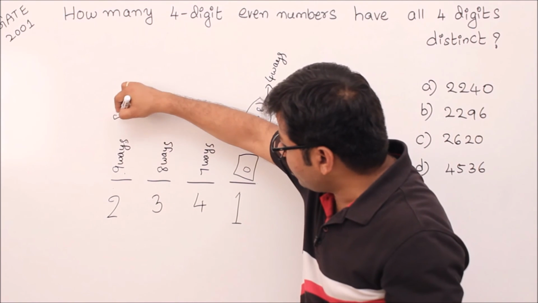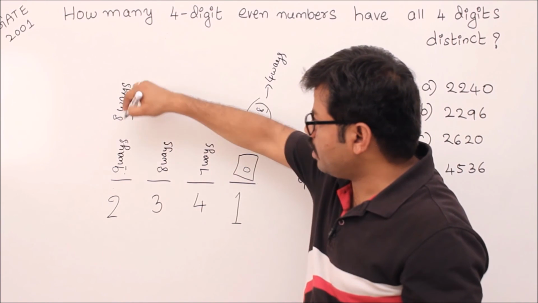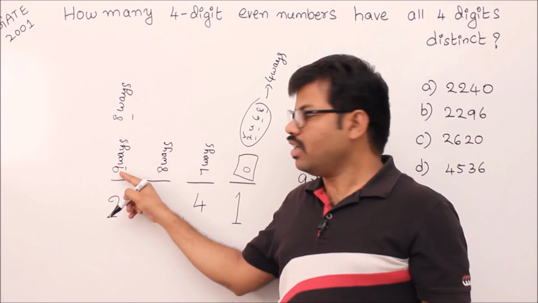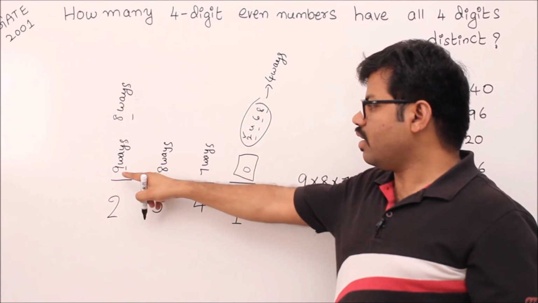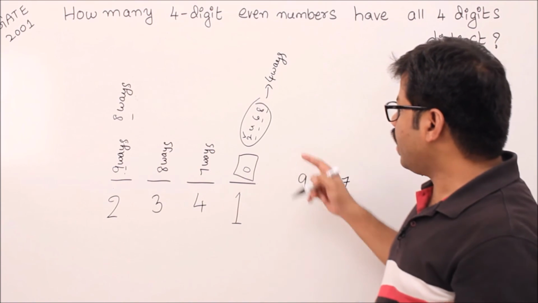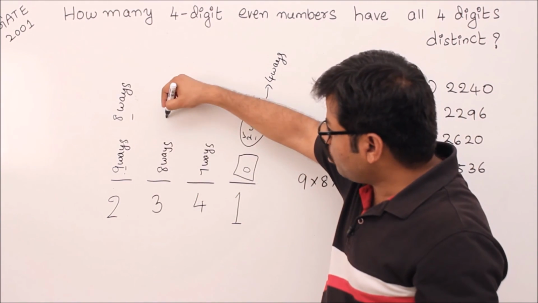Then there are 8 ways. See the difference between this method and the previous one. In the previous case, you had 9 ways, right? Because other than 0, anyone you can take there. But here in the second case, you cannot take 0, you cannot take one more digit. That's 8 ways.